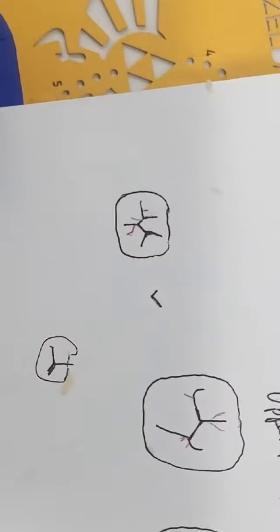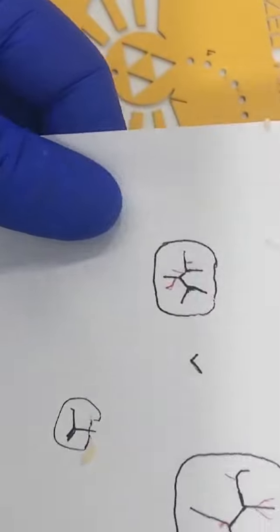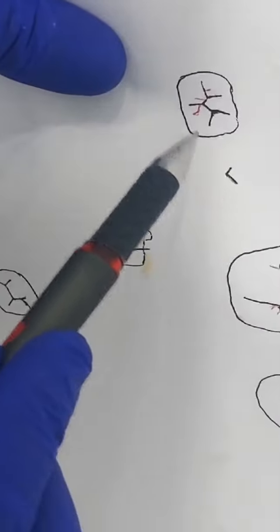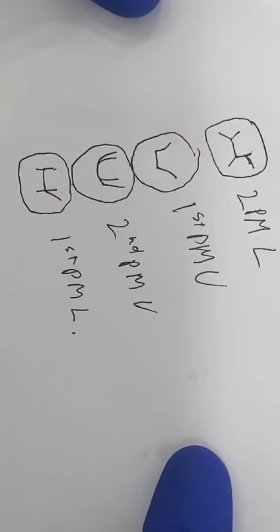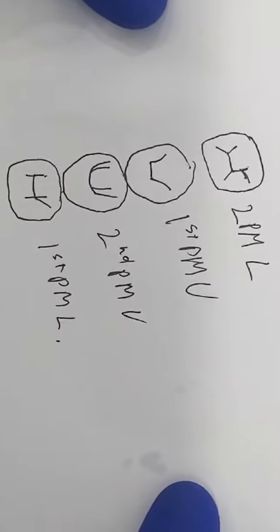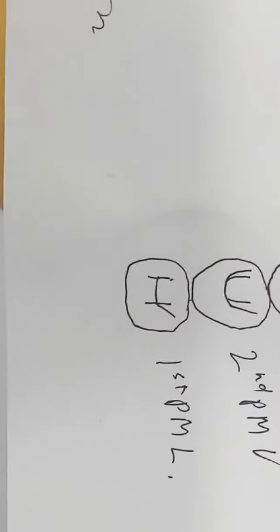Then we went through lower molars. We've got that little V shape or Y shape in the center. And then we've got a few different shapes. They're a bit hard to remember, so if you just try to think of something that looks similar, it'll make it easier for you.